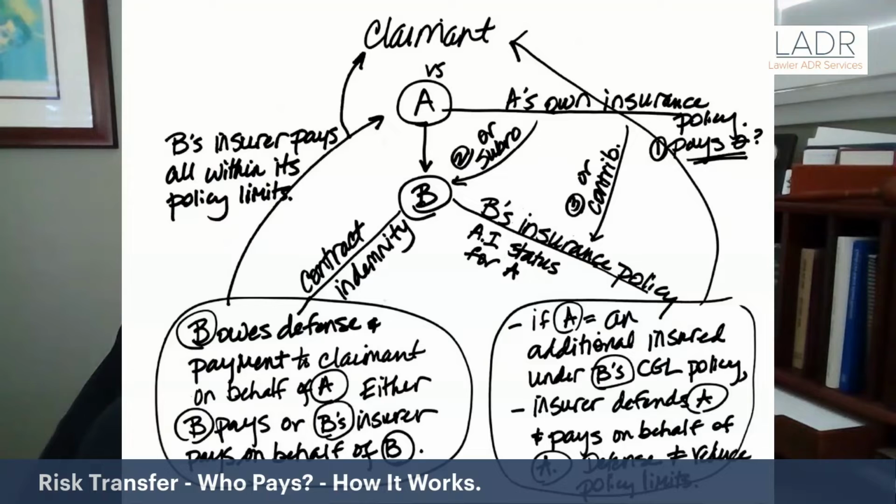Under that side, B, the bank, owes A, the property owner, a defense to the lawsuit and owes the obligation to pay the claimant on behalf of the property owner. So either B pays or B's insurer, the bank's insurer, would pay on behalf of the bank and ultimately on behalf of A, the property owner.